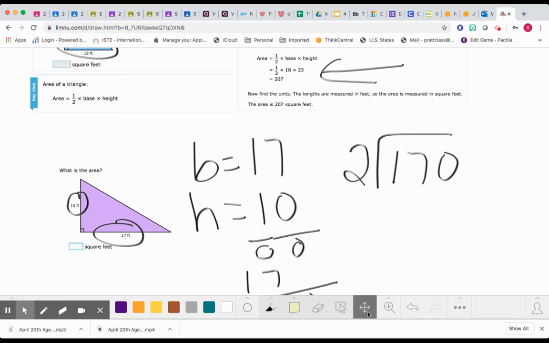So 8 times 2 is 16. Right, and then 2 can go into 10 5 times. So our answer here for the area of the triangle is going to be 85.